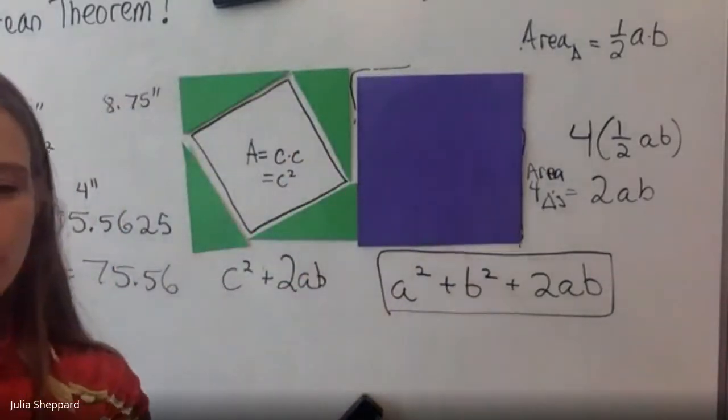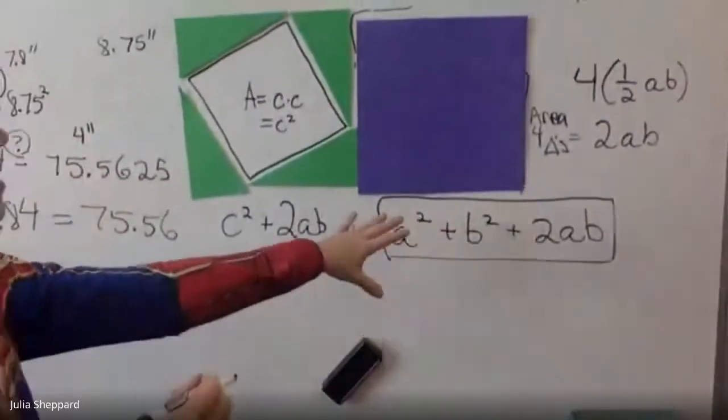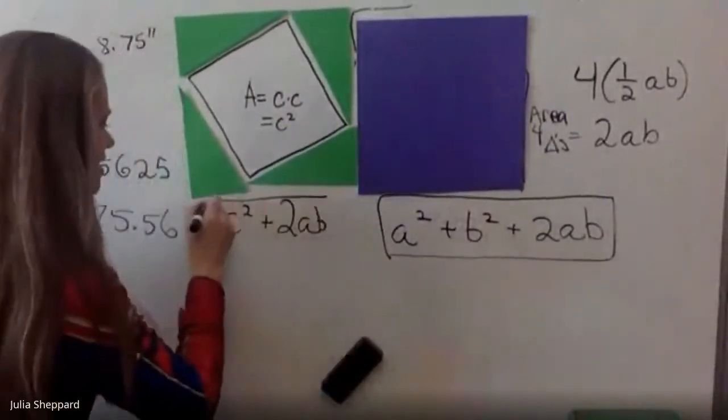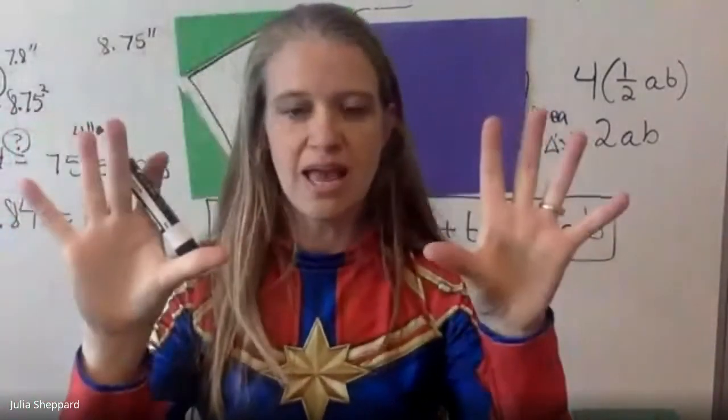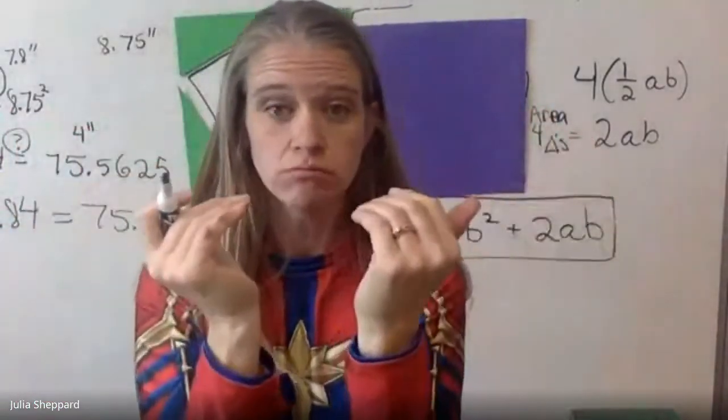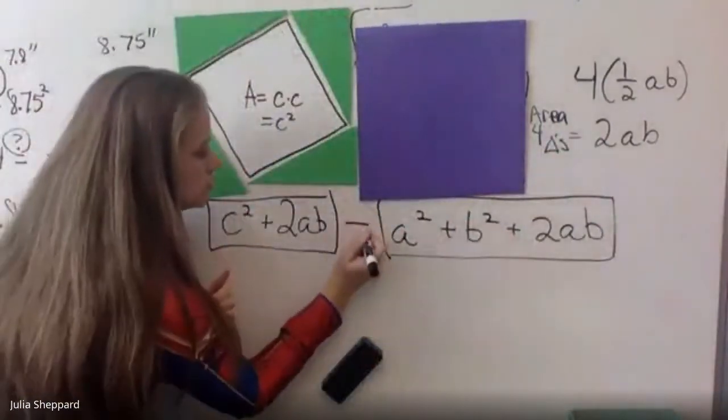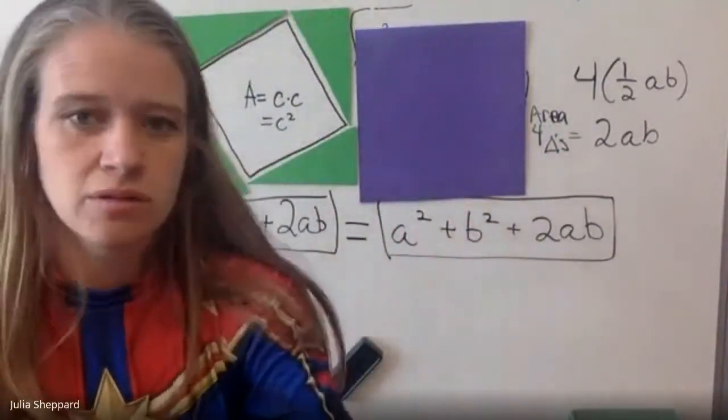There we go. Look at that. So I have the area equals this, and I have the area equals this. Well, if you have two areas that are the same, you can say they're equal. They are equal because they're the same thing, right?